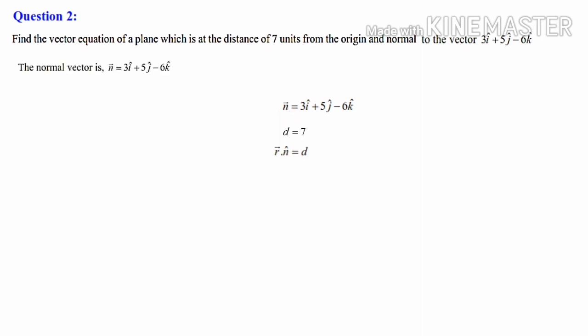So let's write the normal vector n. Vector n is equal to 3i cap plus 5j cap minus 6k cap. So we have to go for writing down the vector n cap. We know the formula, n divided by modulus of n.